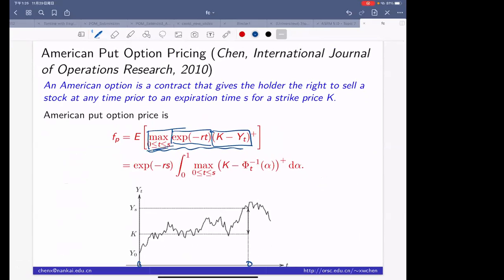This maximum takes the expectation, then we get the pricing formula for the American put option. And also we use the same way: we put the alpha path into the formula and get the solution.